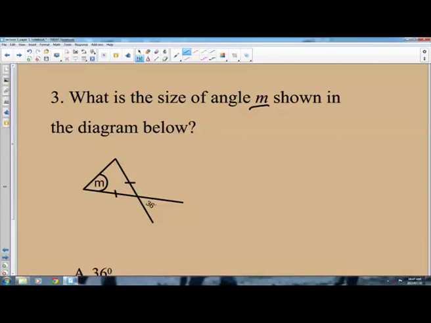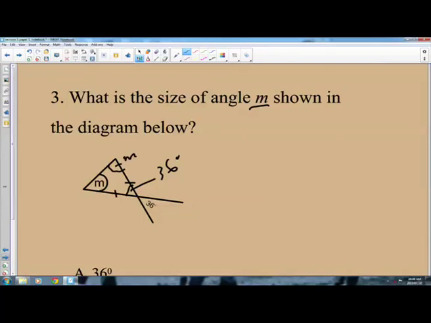The angle is 36 degrees here, and then the angle over here will also be 36. And then the two lines, this line and then this one, they are equal. If these two lines are equal, it means the angle that we'll have here also will be M.